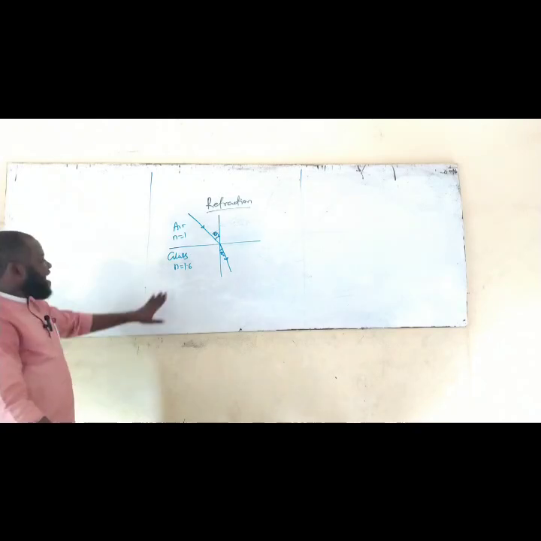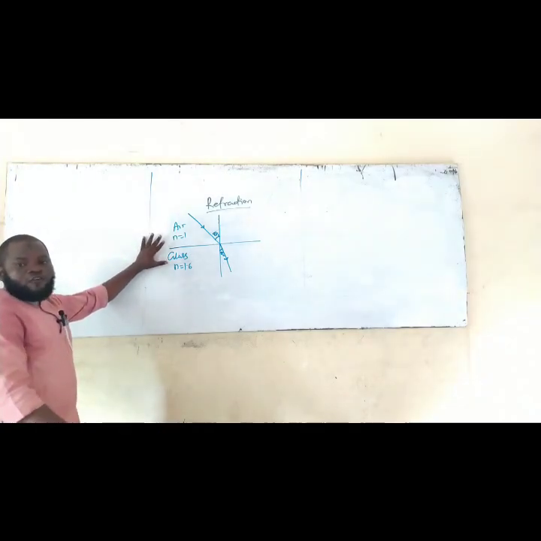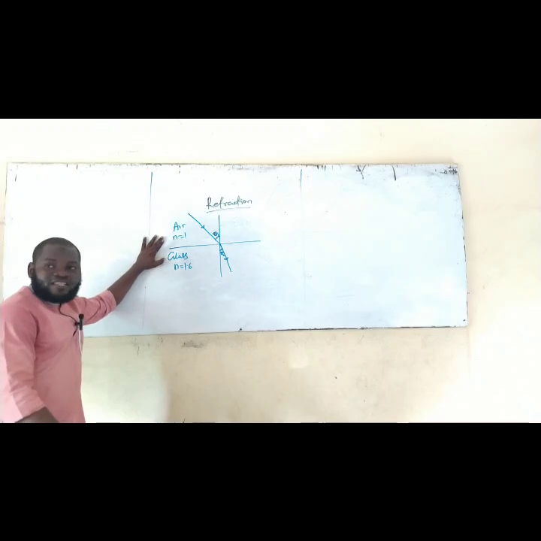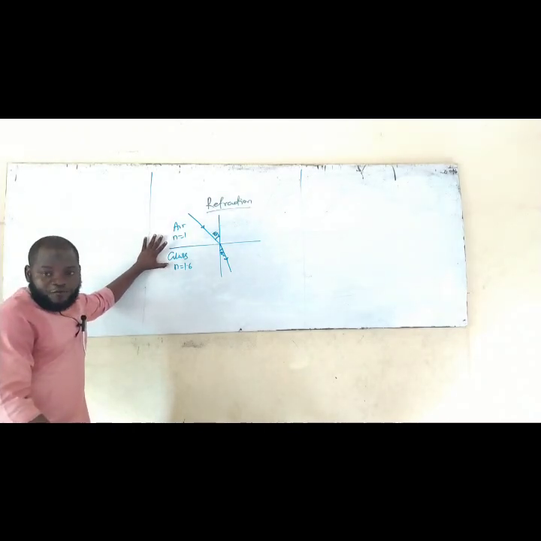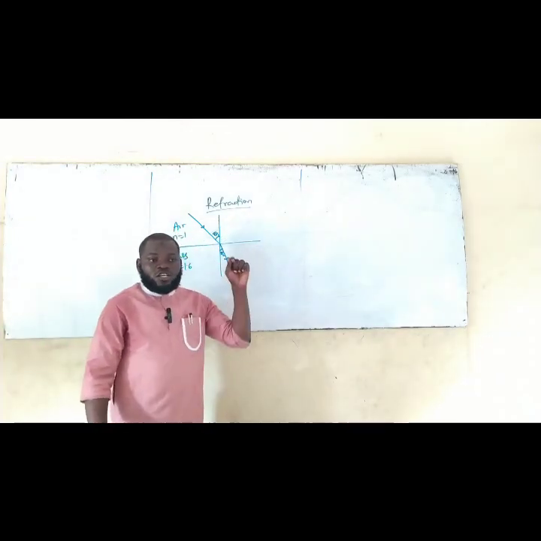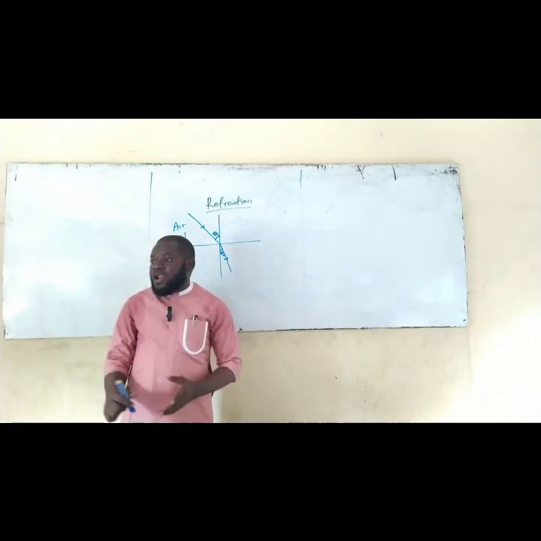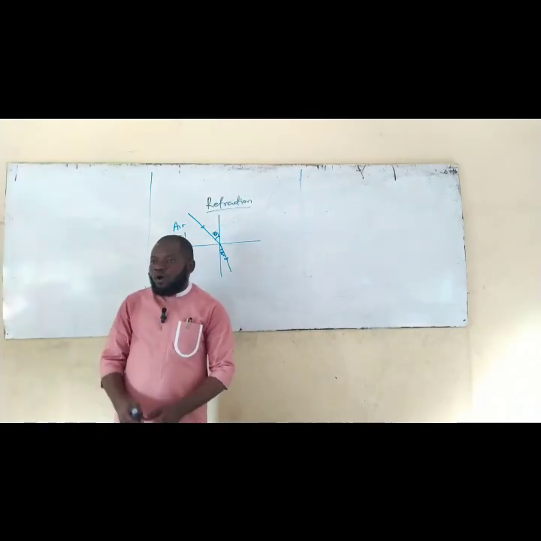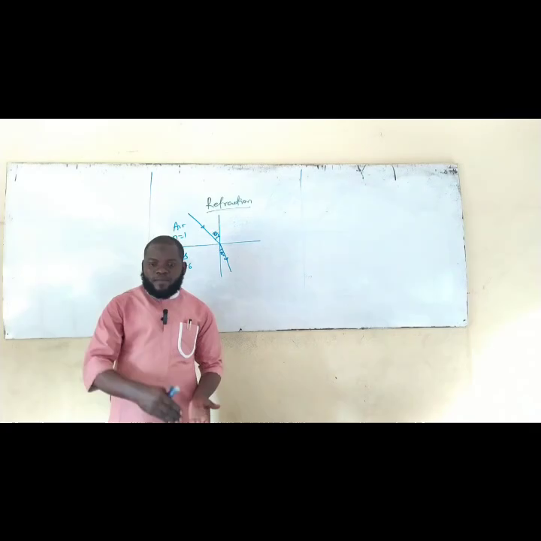But if the light is traveling from a medium that has high refractive index, going to a medium with low refractive index, it is going to refract away from the normal. You need to note that, so that when you are carrying out your experiment, you know when you are making sense and when you are not making sense.